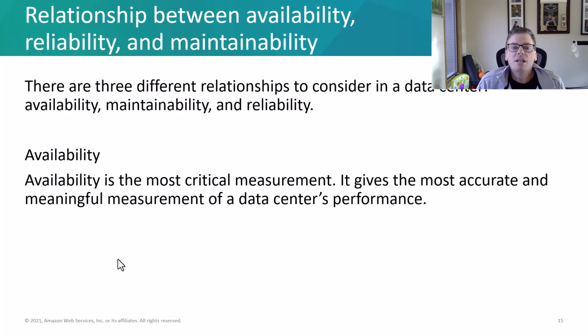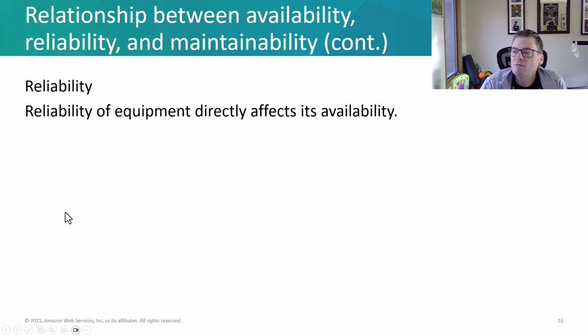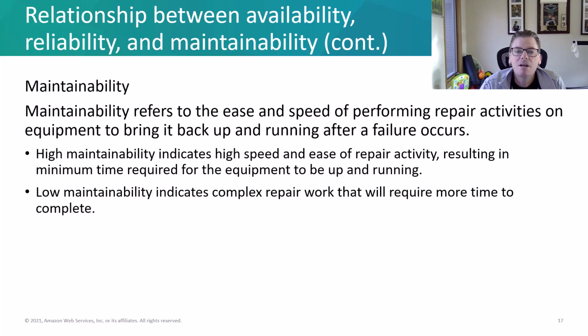Okay, so availability, reliability, and maintainability are related. They have a relationship. Availability, again, is our most critical measure. We've already gone through that a little bit, right? Reliability of the equipment is going to directly affect the availability, and then maintainability refers to how quickly and easily we can perform repair activities on this equipment to bring it back up to a running state in the event that a failure occurs.